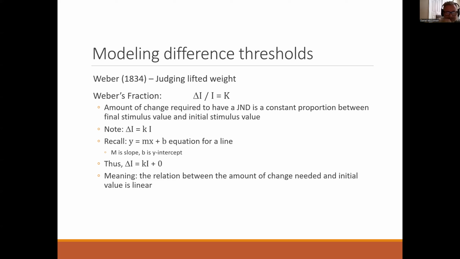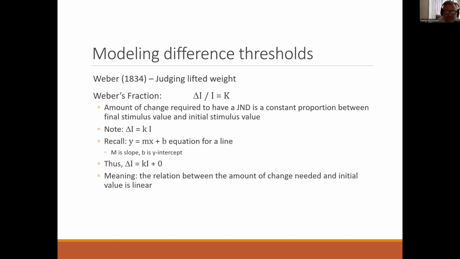So delta is a mathematical operator that means change or difference. So the idea here is how much have we had to change I to create the just noticeable difference, and that's our delta I. And so what we call Weber's fraction is this right here: delta I over I is equal to a constant K.